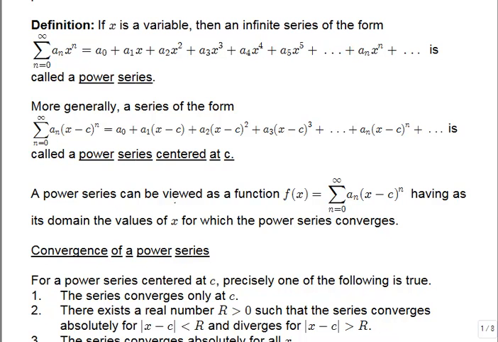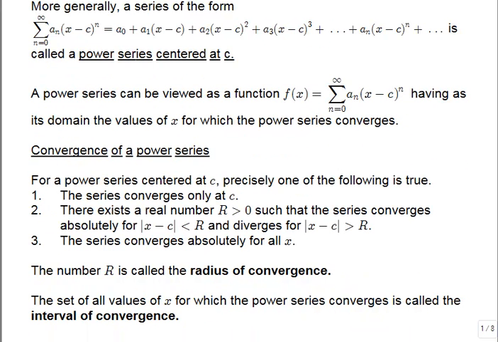Now a power series can be viewed as a function. It's a function of x, having as its domain the values of x which make the power series converge. So what does it take for a power series to converge? Well, there are three possibilities. For a power series centered at c, precisely one of the following is true.